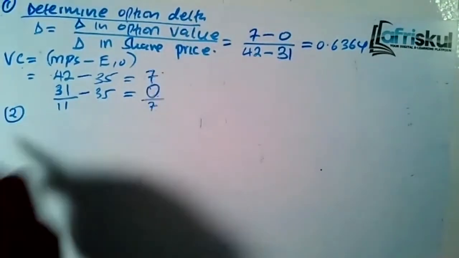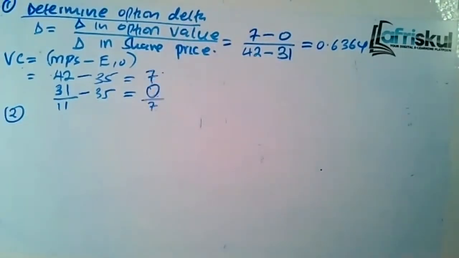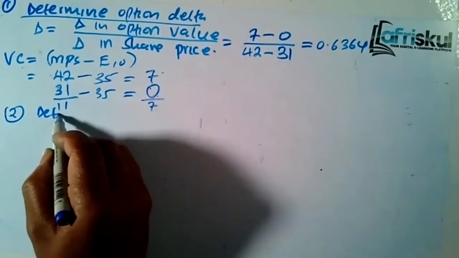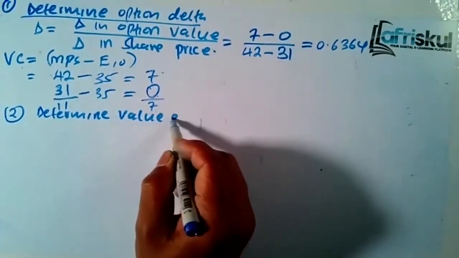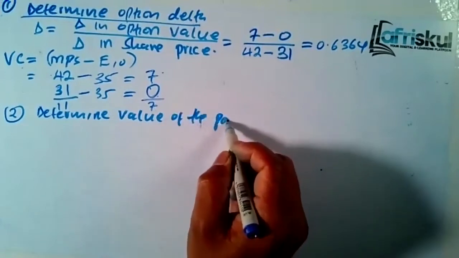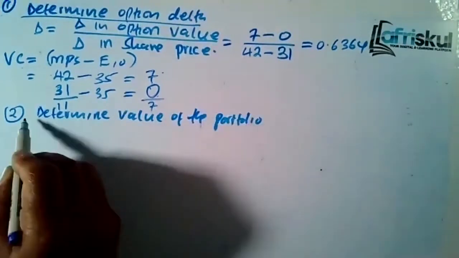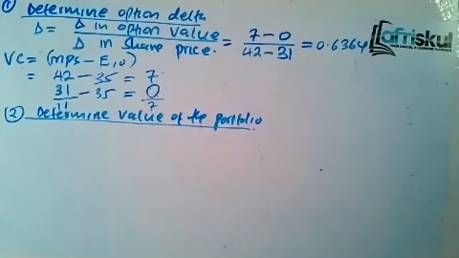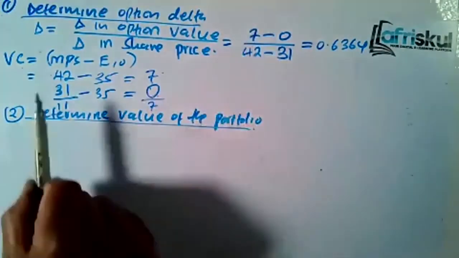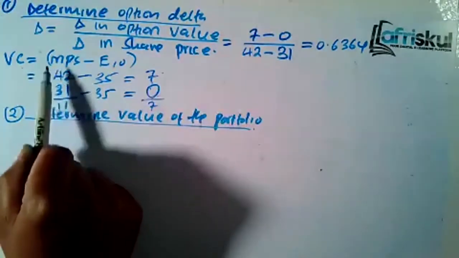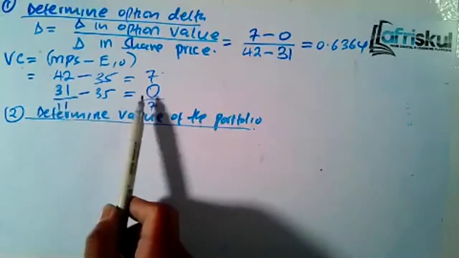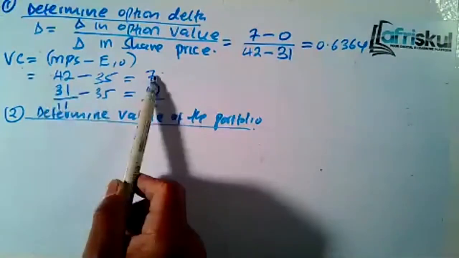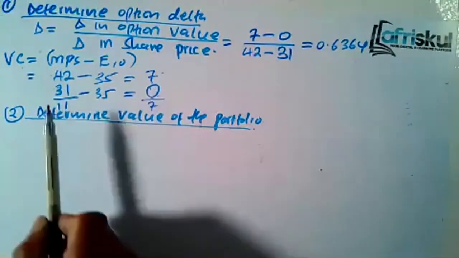Step number two, you are supposed to determine the value of the portfolio. This is how you get it. Remember we said that between the two prices, we had 42 and 31. You take the highest price. That means you cannot exercise when it's 31 because you'll get a 0, but at 42 you'll get something. So in this case, use 42.